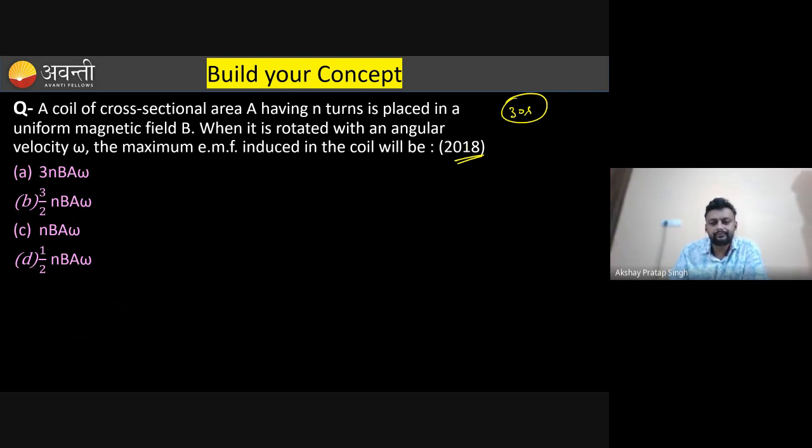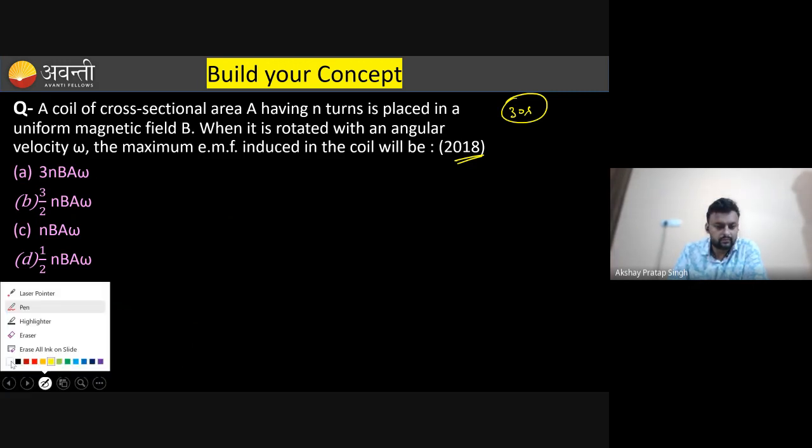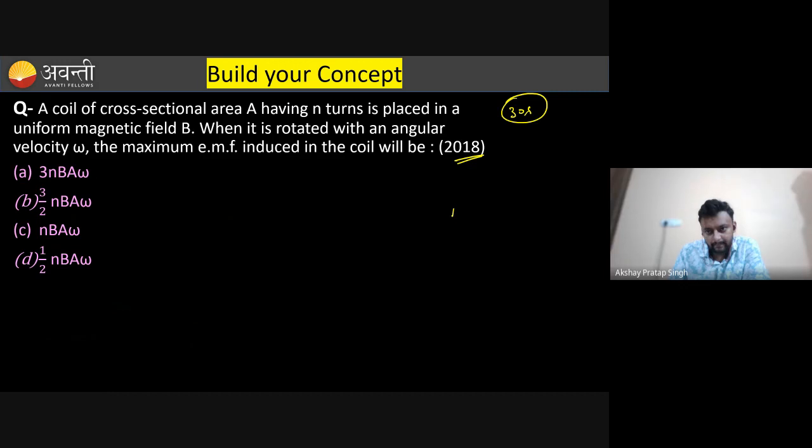Now suppose, have a look. Let's suppose this is the coil.